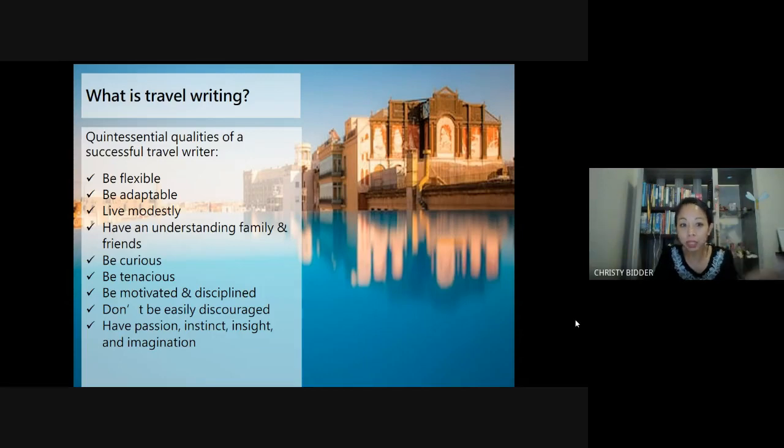They are curious, tenacious, motivated, disciplined, not easily discouraged, and they have passion, instinct, insight, and imagination. Ladies and gentlemen, let's look inwards and evaluate ourselves on these qualities. Do we have them? To what extent do we have them or not have them?